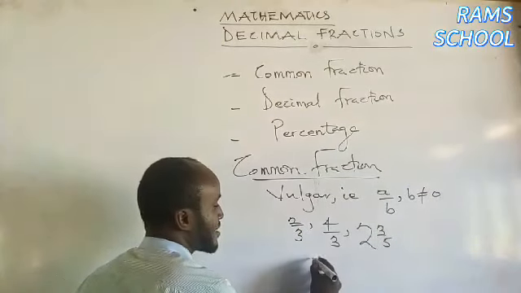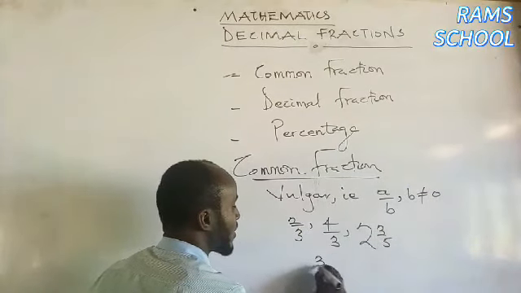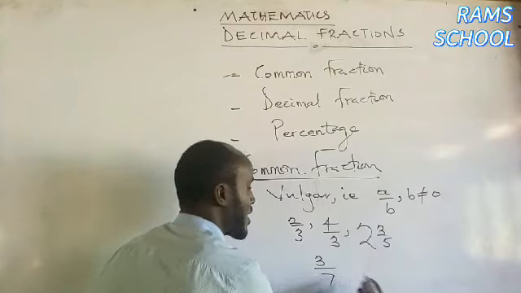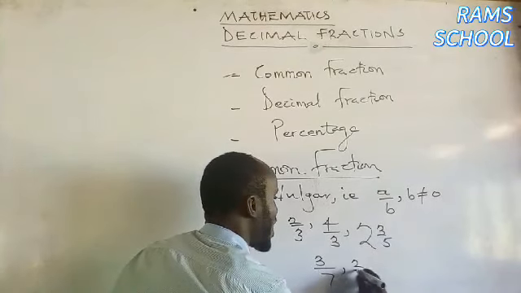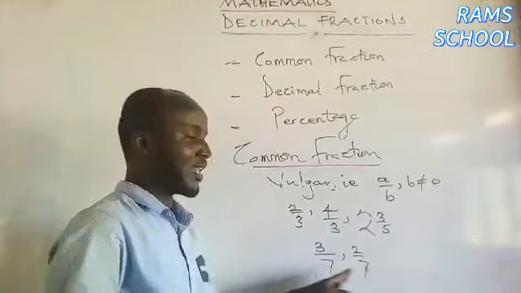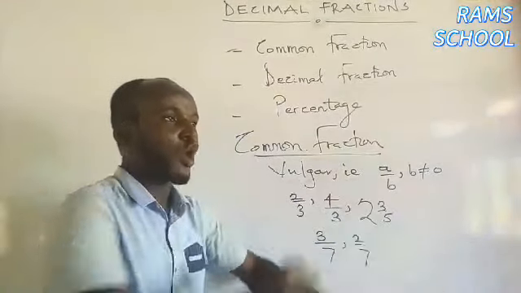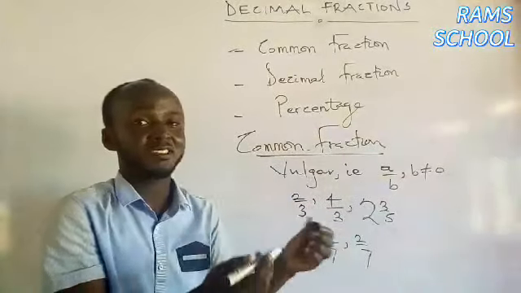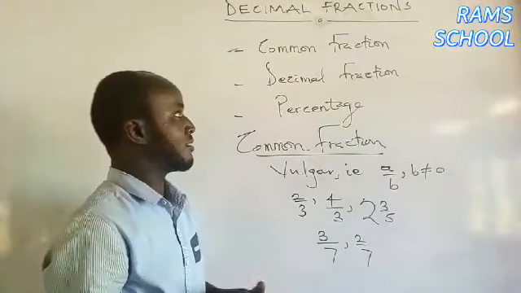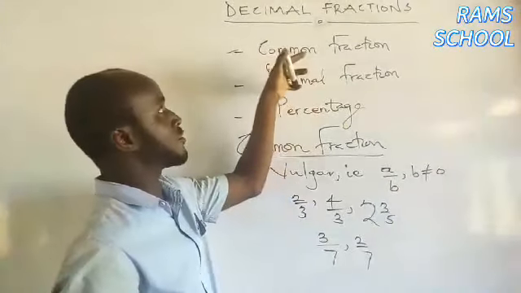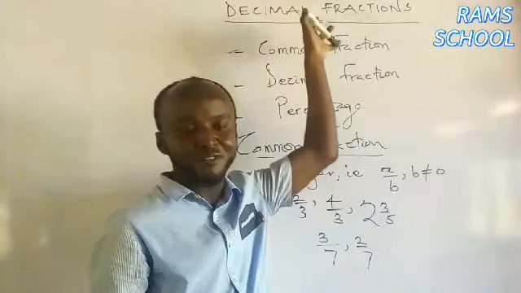So like fractions, I can give you 3 out of 7 and also 2 out of 7. These two are like fractions. And we have unlike fractions. All these groups come under common fractions. Now, let's concentrate on the topic for today, that is decimal fractions.